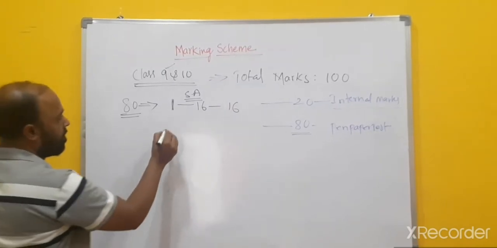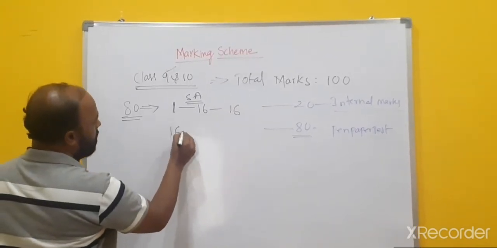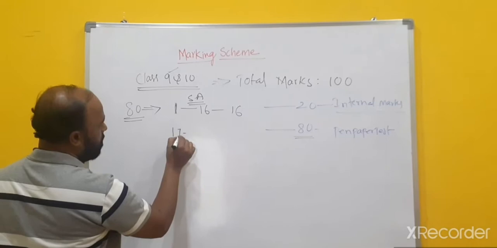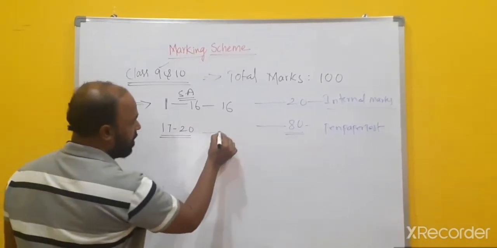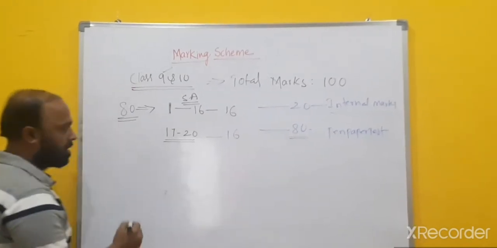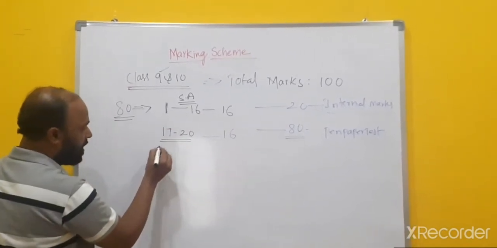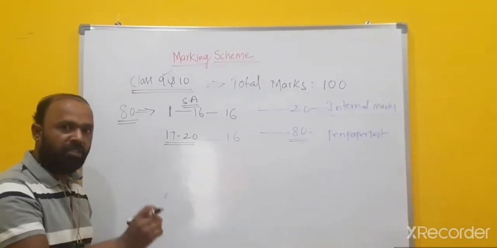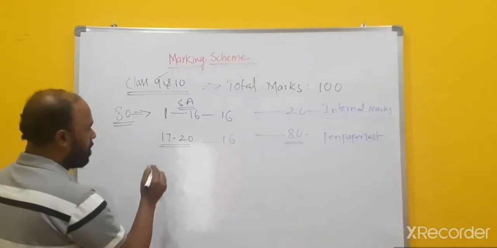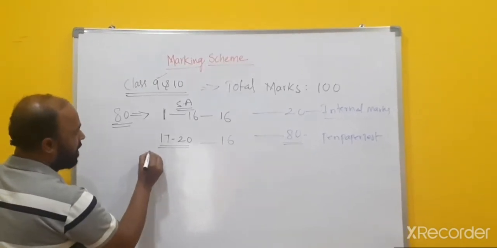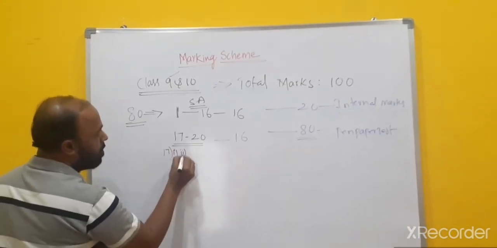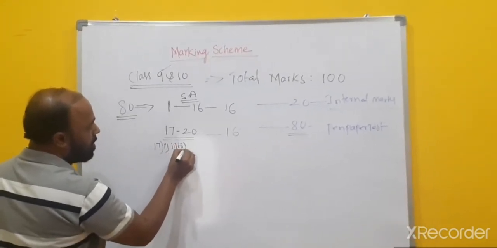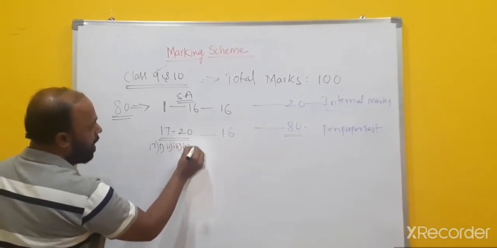And the next one is 17 to 20. Here also 16 marks. Each question from 17 to 20 contains 5 sub-questions, 1, 2, 3, 4 and 5.